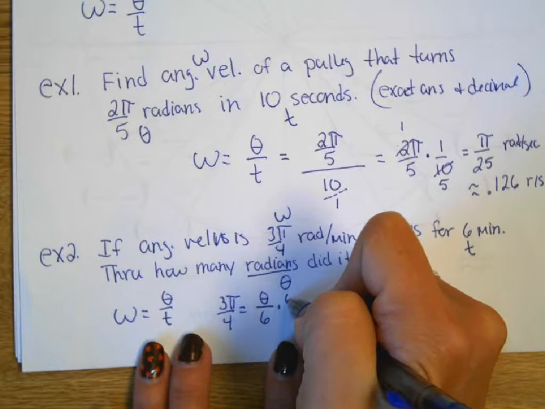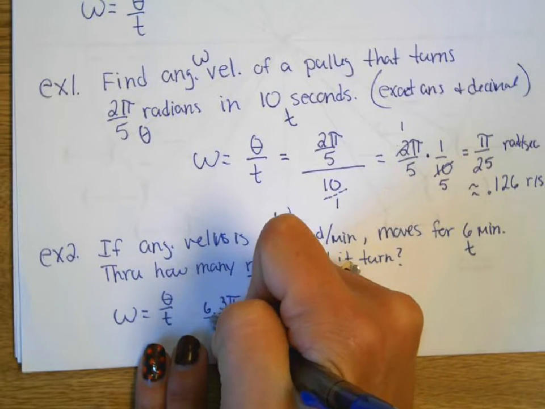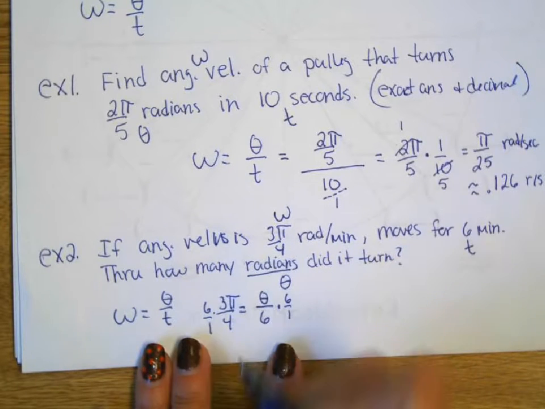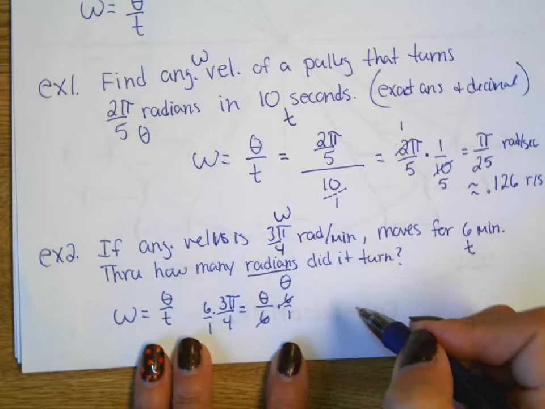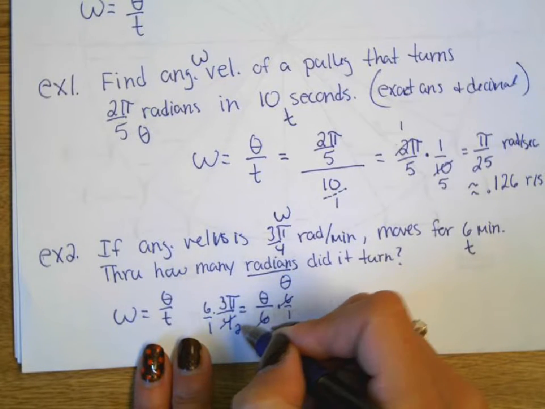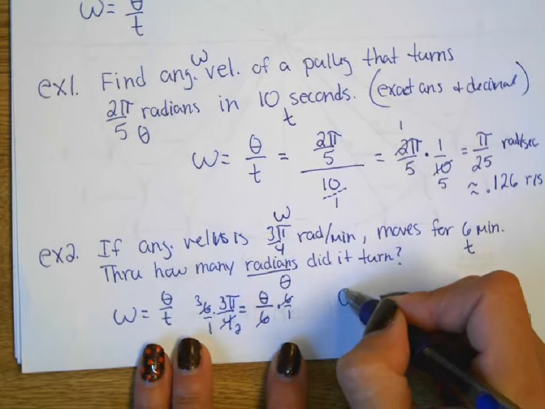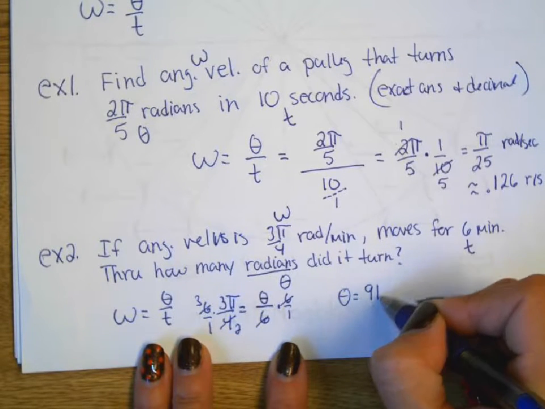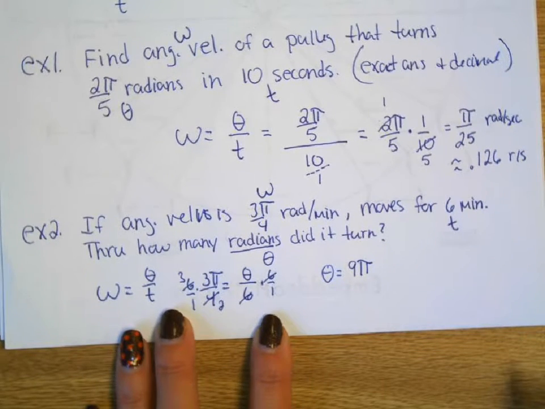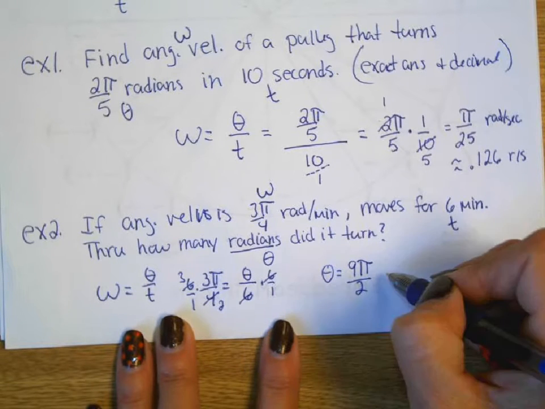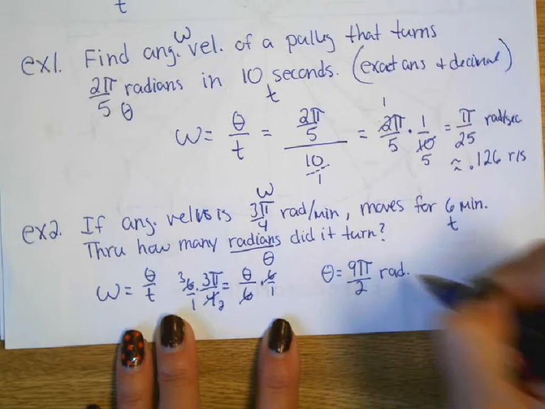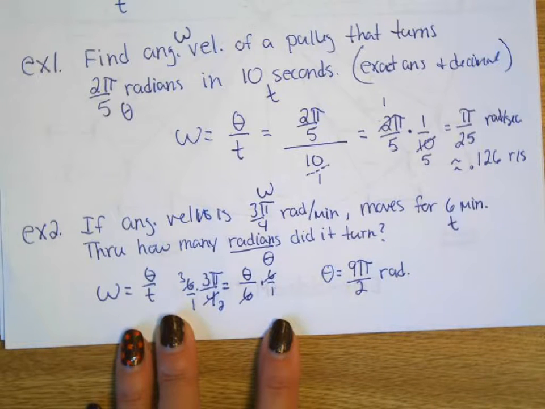So if we multiply by 6 over 1, anytime I have a fraction, when I bring my whole number over, I just put it over 1 so I can see what lines up. So if I reduce, that's a 2, that's a 3, I get theta equals 9 pi over 2 radians. If I want it exact. If I want the decimal, I'll just type it in, but I don't want the decimal. Save some time.